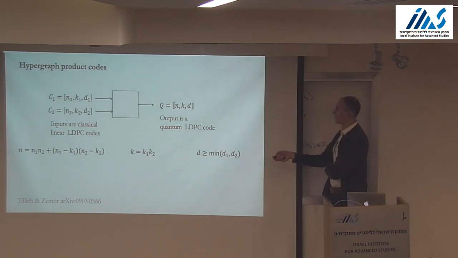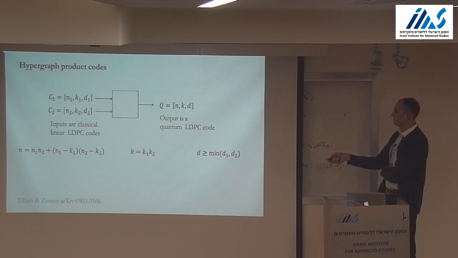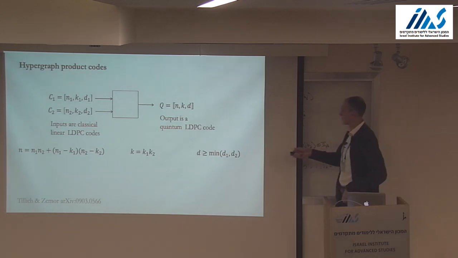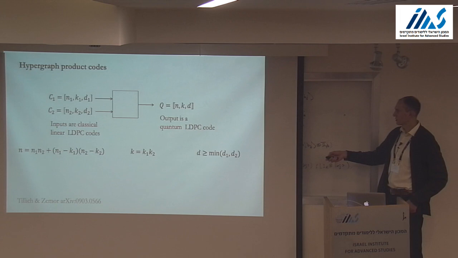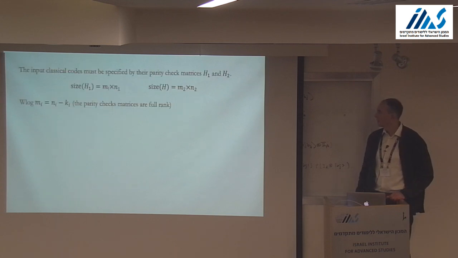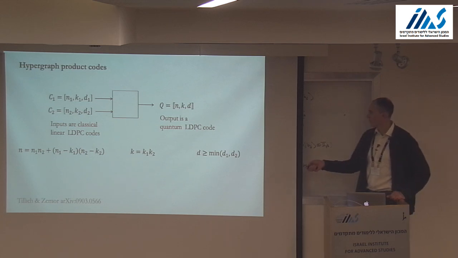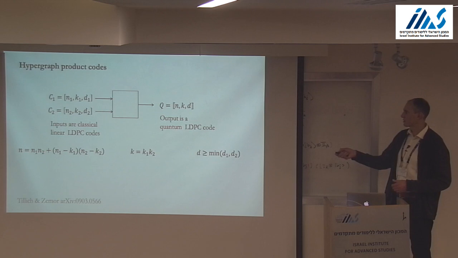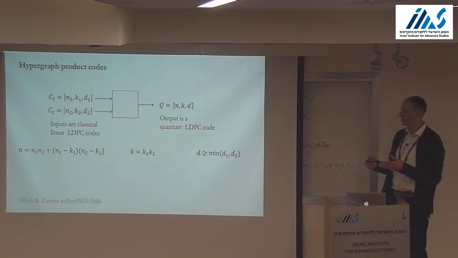Basically, the code length of the output code is n1 n2. The number of logical qubits is k1 k2. And the distance of the output code is at least the distance of the worst input code. Oh, sorry, I don't have an equation for the sparseness, but as I said, if input codes have constant sparseness, then the output code also has constant sparseness.